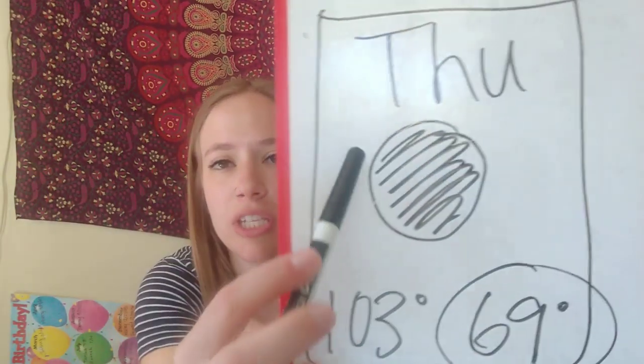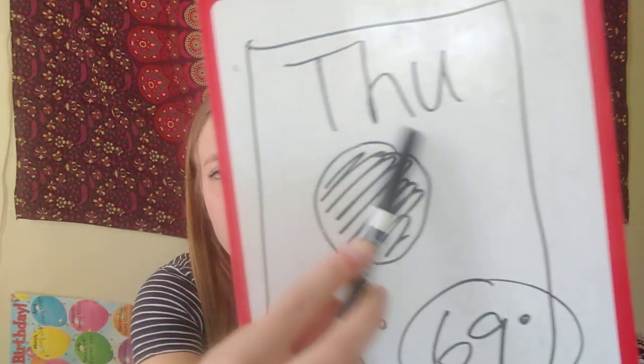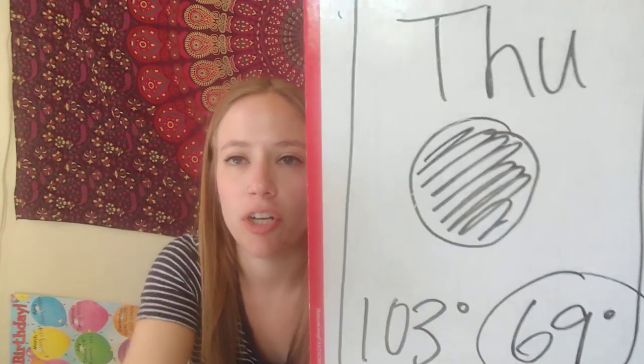All right. So my next question is, what type of weather are we supposed to have today if this is our weather picture? And you guessed it, it is going to be sunny. So it will be sunny and very hot today.